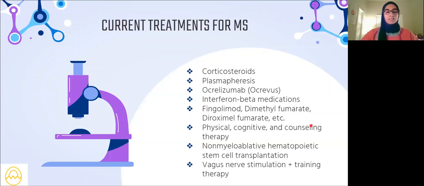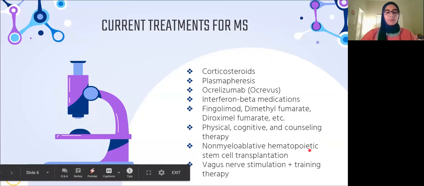only slows disease progression and alleviates symptoms, but also reverses demyelination and repairs nerve cells and their myelin sheath. As such, several therapies are currently being proposed and studied as remyelination agents for patients with multiple sclerosis.